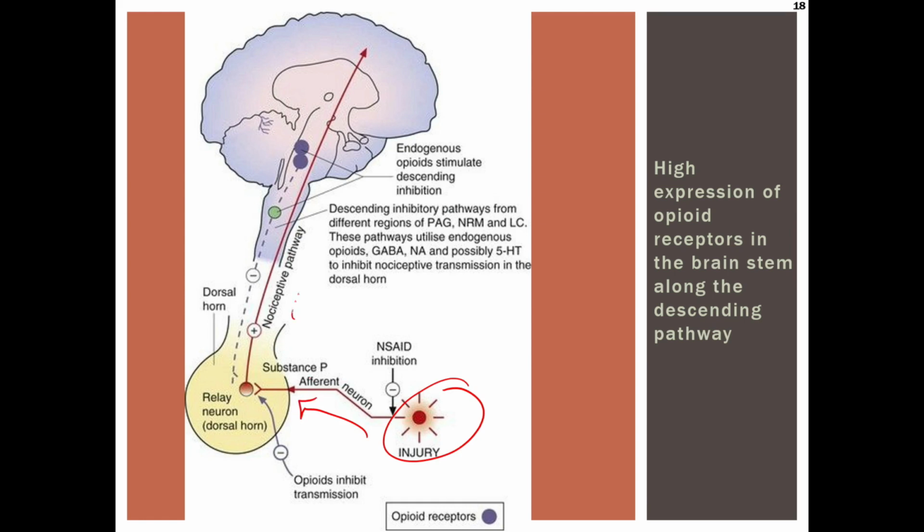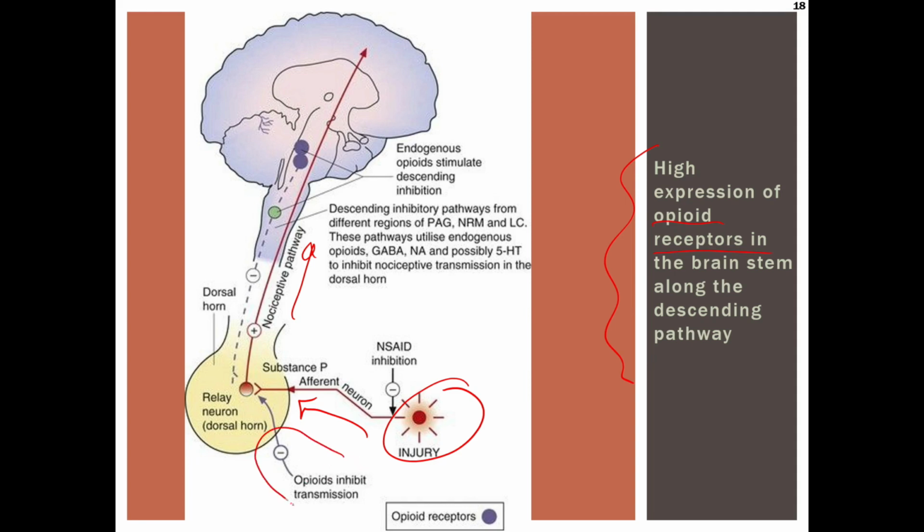Spinal cord then will send this information up to the brain for processing. What we're going to see along these pathways, both going up to the brain and then back down to the periphery, are high expressions of opioid receptors along these pathways.